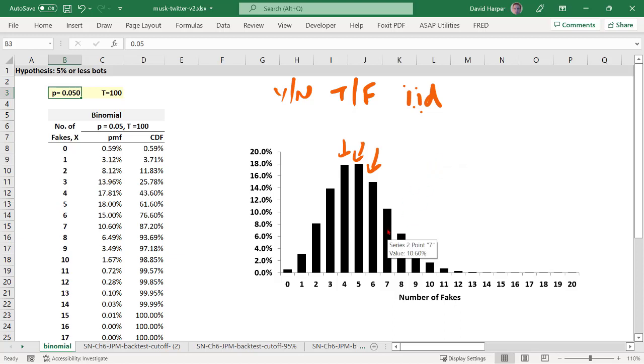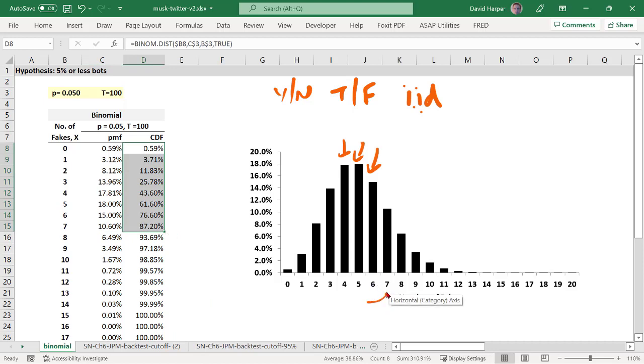What about 7? If he finds 7 out of 100, that's 7%. Do we accept or reject the claim? Well, you can see here the probability of exactly 7 is 10.6%, and cumulatively, that just means adding up the probability of all of these bars here from 0 to 7, it's only 87.20%, meaning 12.8% over here to the right. 12.8% is quite a plausible outcome.